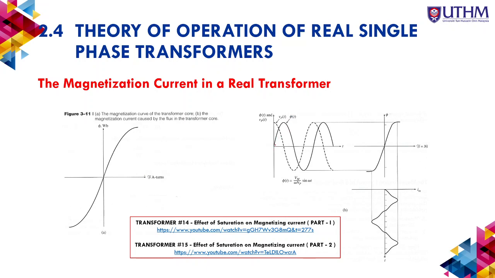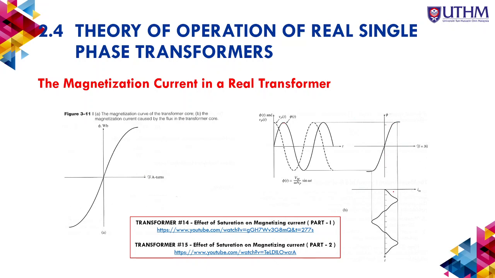Once the flux increases, we relate it to this side. Look at this area. When the flux increases until the magnetization curve, it will reach the maximum, the saturation region over here.